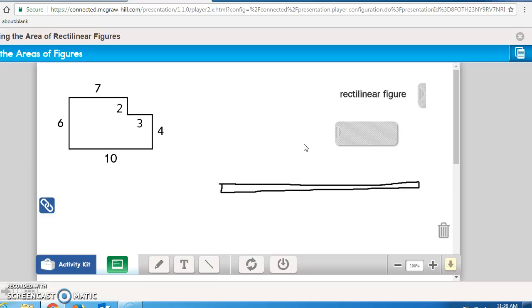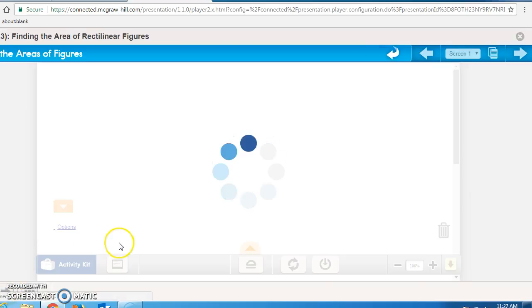So remember the properties of a rectangle. There need to be 4 sides, and all angles need to be right angles, and there needs to be 2 pairs of parallel sides. When finding the area, it doesn't matter how complex the rectilinear shape is, as long as it can be divided into smaller rectangles or squares.